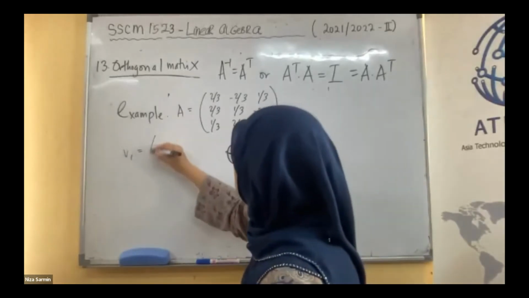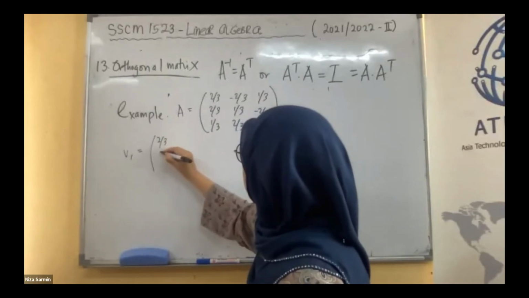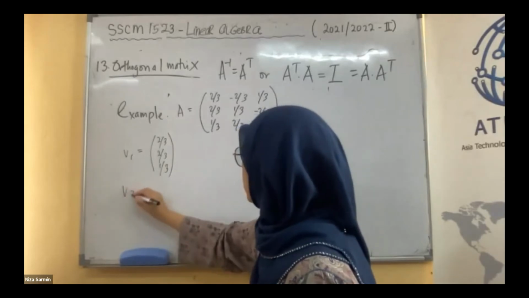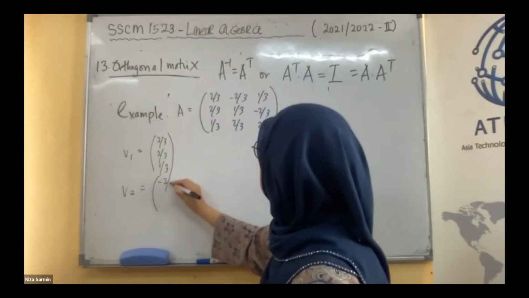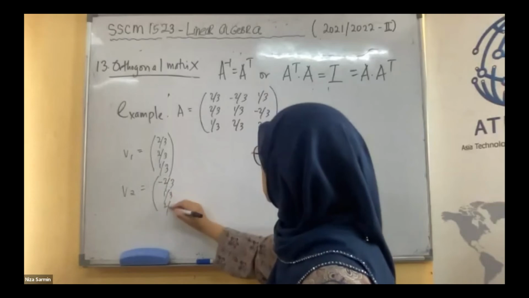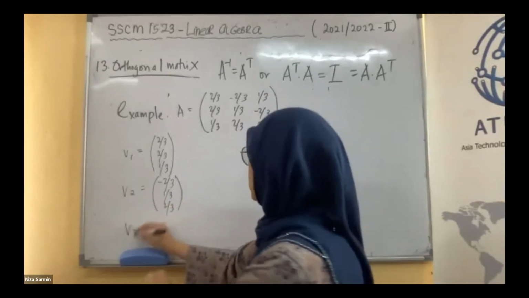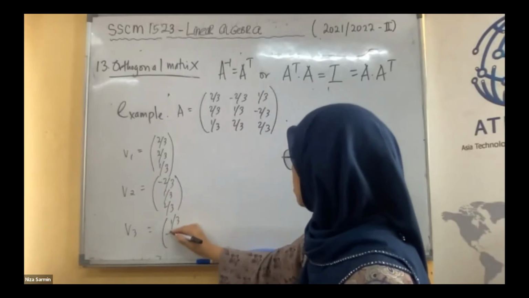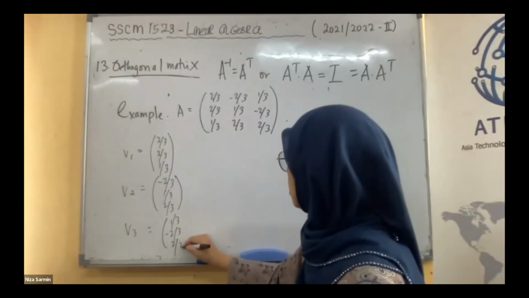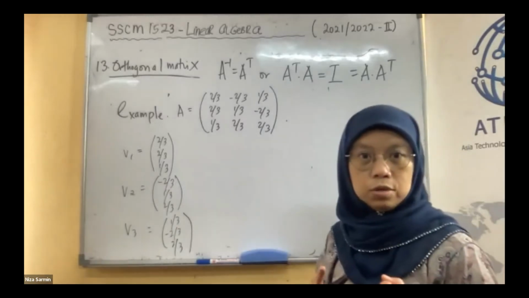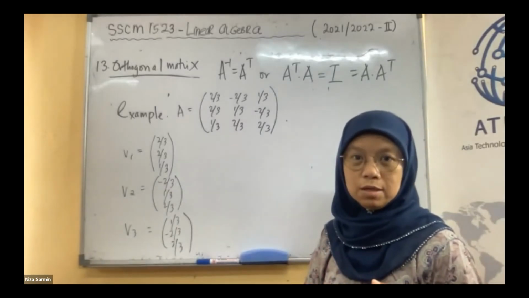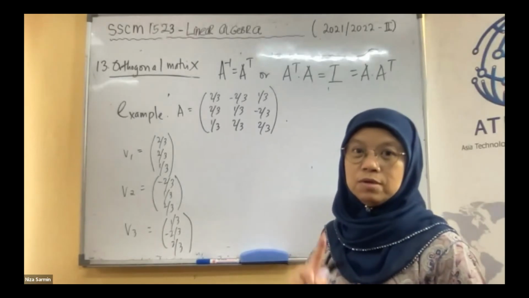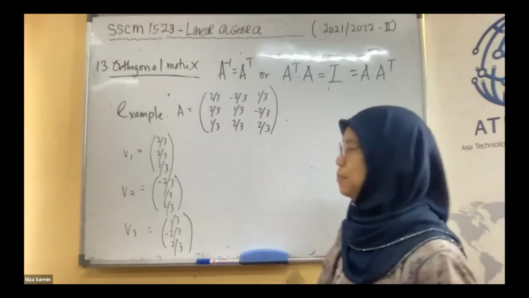Anyhow, so I will just copy like this: V1, V2, and V3. So you have to check whether V1 dot V2 is 0, V1 dot V3 is 0, V2 dot V3 is 0.